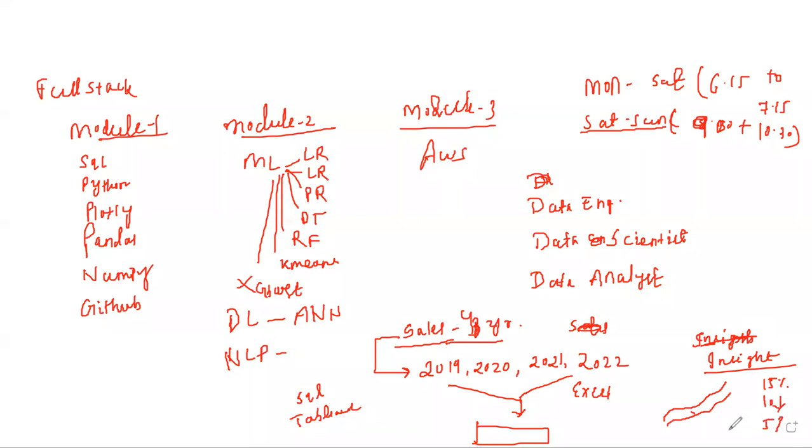Jayanagar store is having an upward sales trend, but Marathahalli branch has a downward trend. Let's say the Koramangala branch is having exponential growth. So this is called insights. Number of visitors, how many visitors came. So this is called insight. So that is a data analyst.